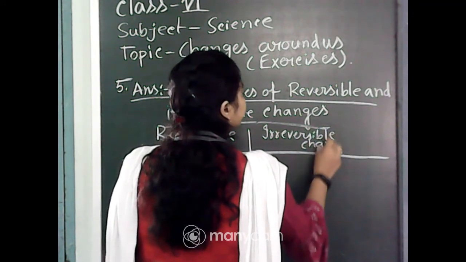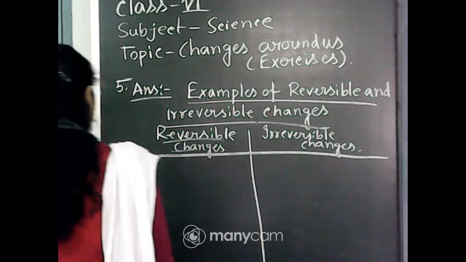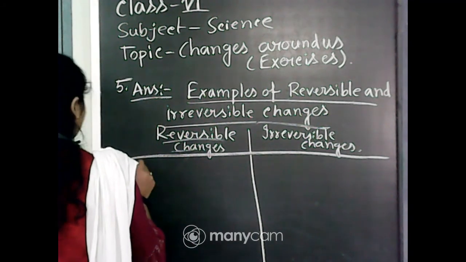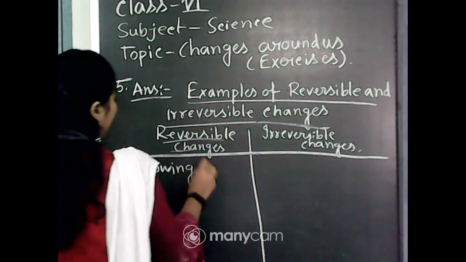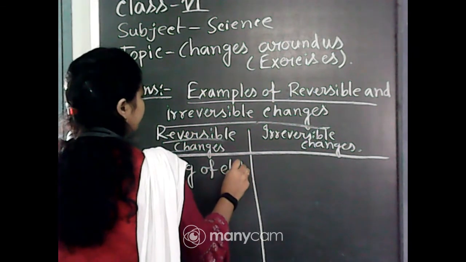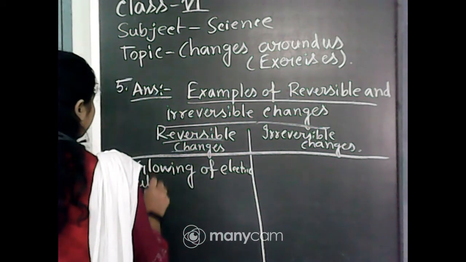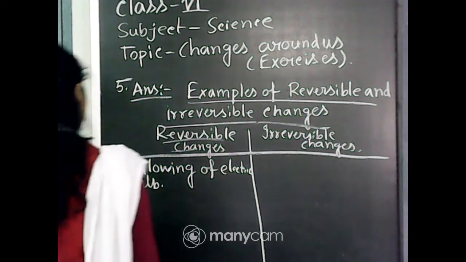First, you can write glowing of electric bulb. Okay, glowing of electric bulb.